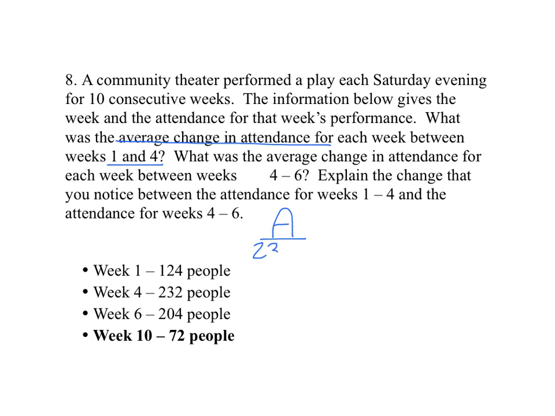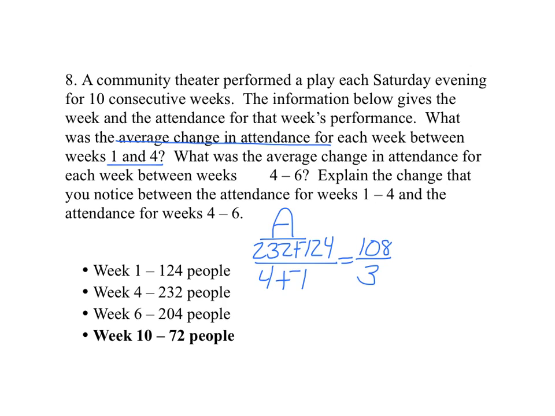So 232 minus 124 over 4 minus 1. Go to plus the opposite. 232 minus 124. So I have 108 over 3.